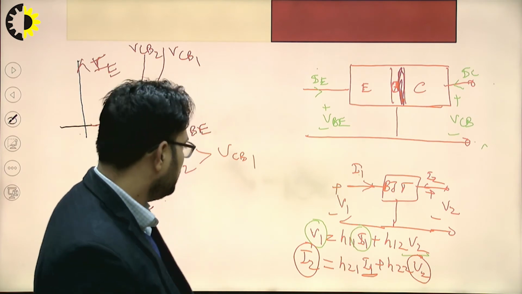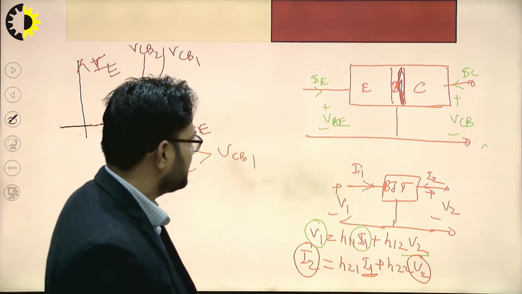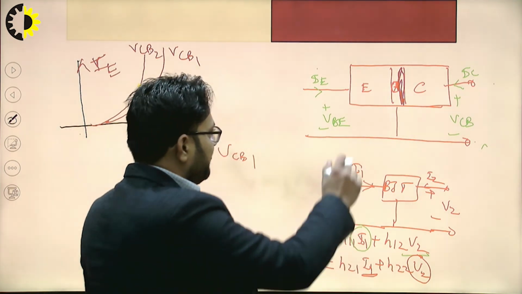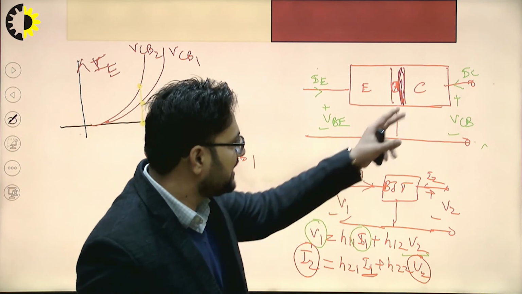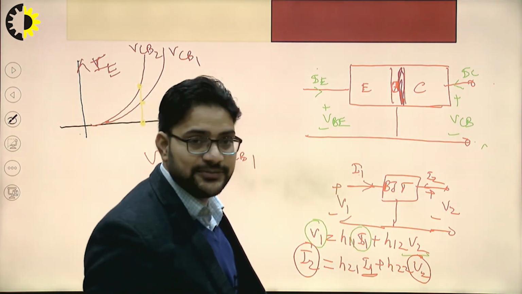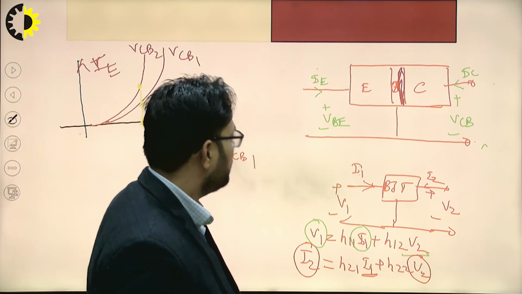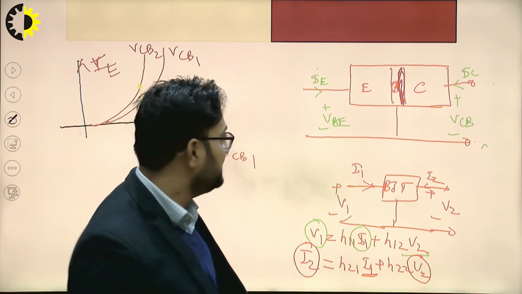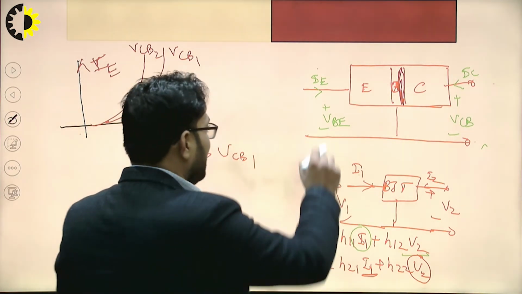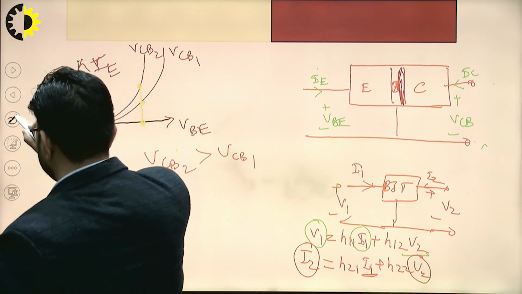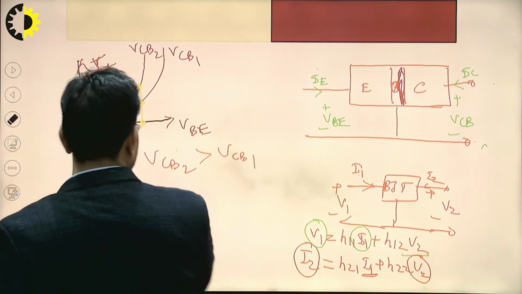In this common base configuration, what is I2? I2 is IC. What is V2? V2 is VCB. Now we have to keep I1 constant, that is IE constant. So output characteristics can be drawn like this.